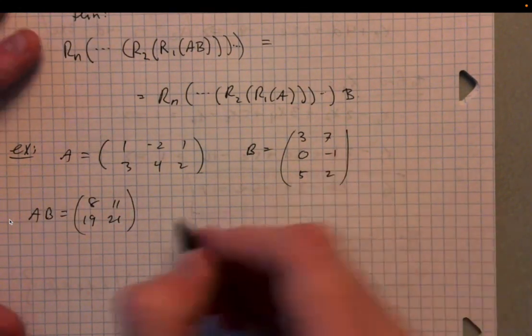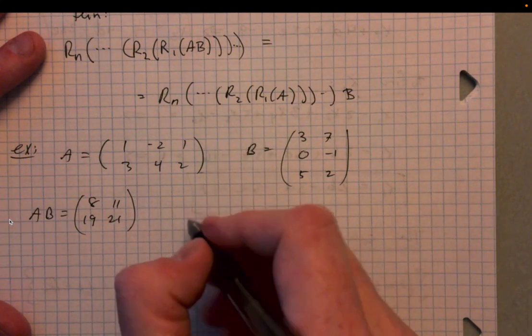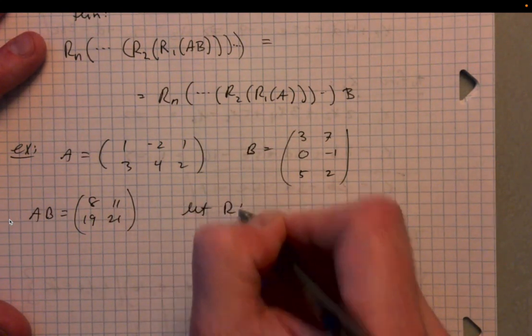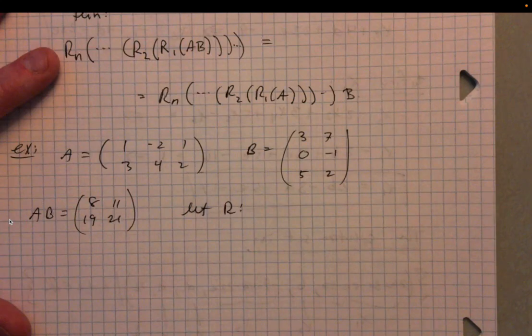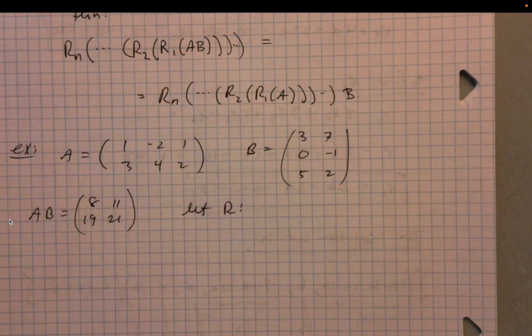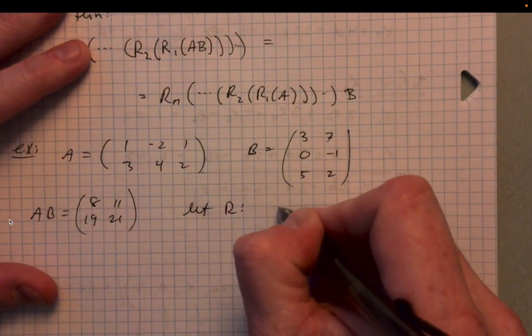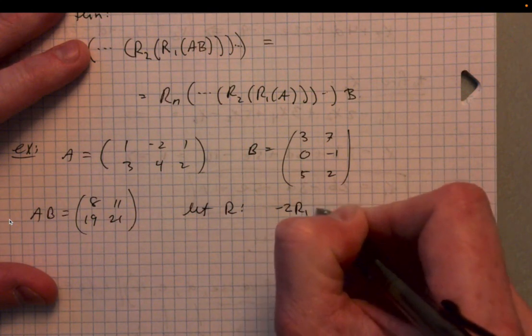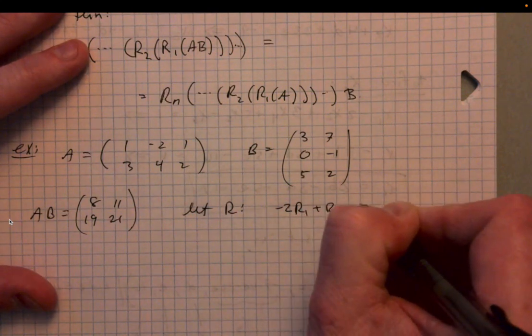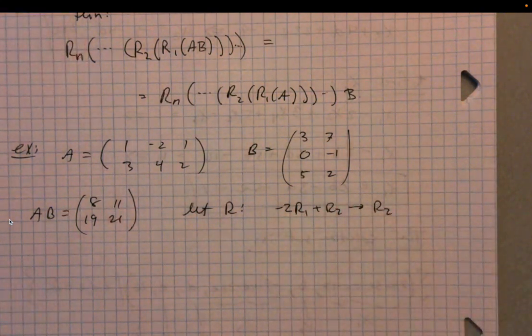Okay, so let's just define a row operation. We'll let R be the row operation. And what we're going to do is multiply row 1 by -2 and add to the second row. So this is going to be -2 times R1 plus R2 into R2. Okay, so you could do any of them.